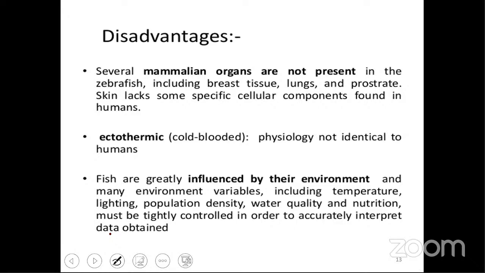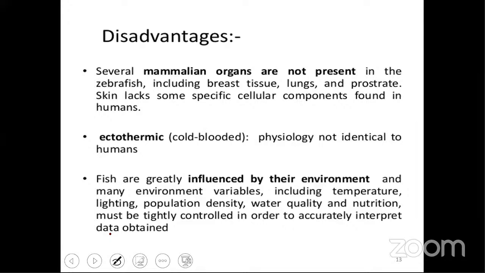Ectothermic physiology is not identical to humans. But if you look at mice or rats, the physiology is the same as a human's. That's the reason we use mice, rats, or monkeys in our clinical trials and other preclinical trials.